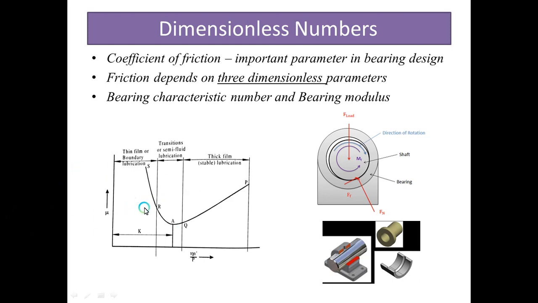So that critical value of eta n dash by P, where the oil film breaks itself, we call the bearing modulus. It is the critical value where metal to metal contact will exist.